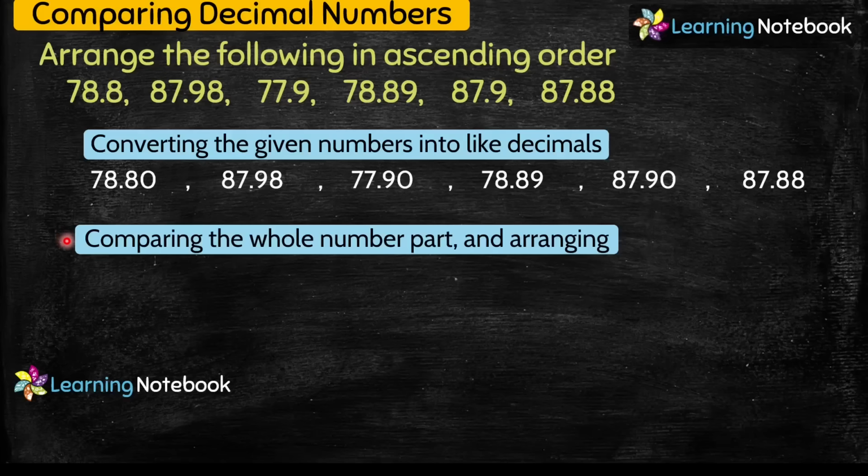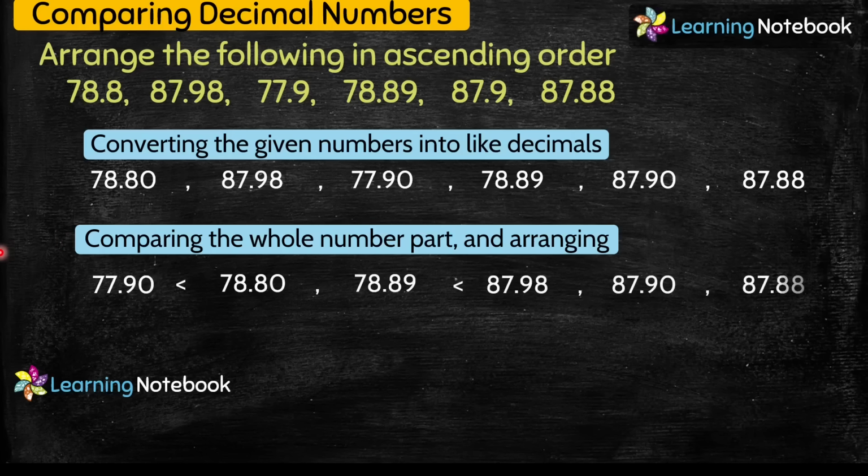Here 77 is less than 78, which is less than 87. Now students, here we can see two numbers which have same whole number part. So let's compare them and arrange them in ascending order.